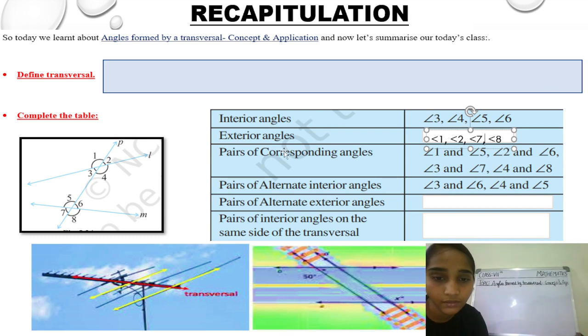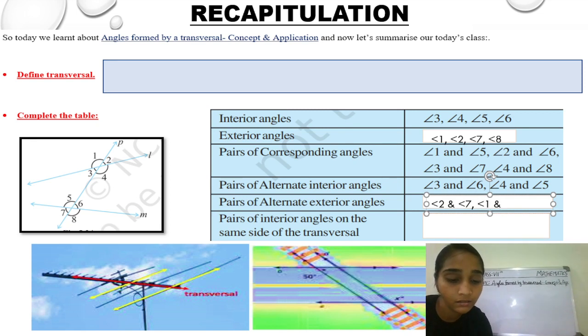And students, if we are asking about the pair of alternate exterior angles, then what will they be? What is that pair? Yes, alternate exterior angles will be 2 and 7 and 1 and 8. Angle 2 and angle 7, and angle 1 and angle 8.